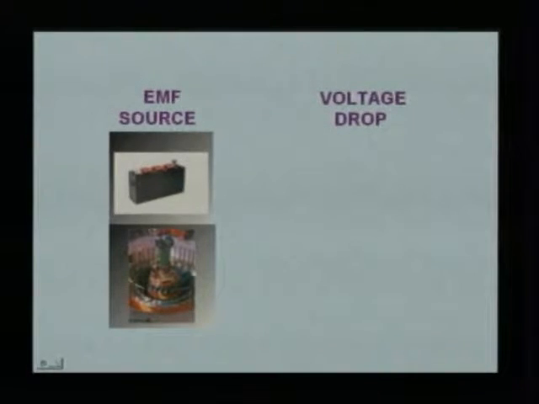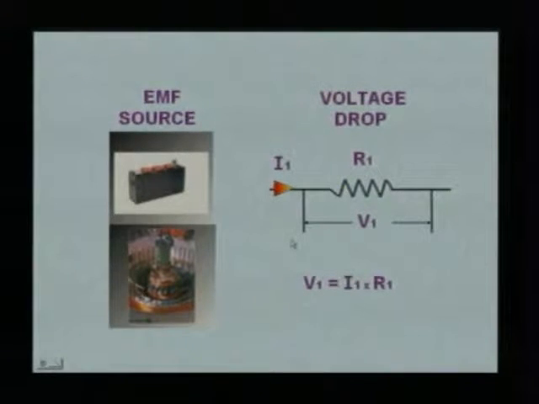A battery or a generator would act as an EMF source. Let us see what we mean by a voltage drop. When a current flows through a resistor, a drop of voltage takes place across it. This drop we call a voltage drop, which is given by I into R.